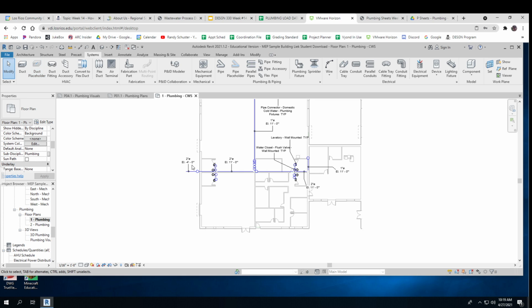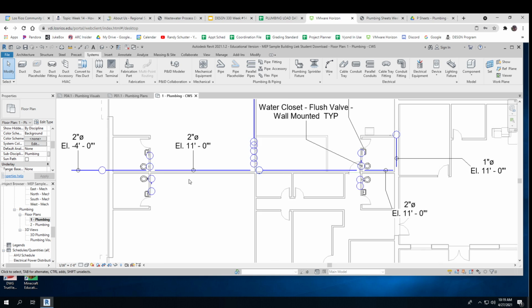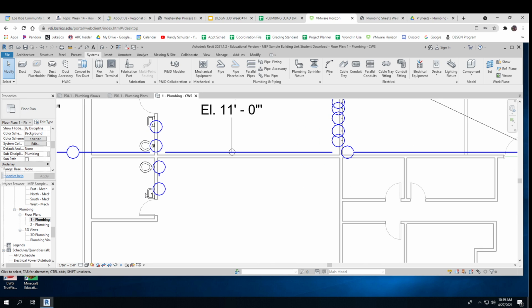Okay, so that's our next one, sanitary drain. And really, everything has a drain. You have to get rid of the water somehow. And they'll all go to the same place in this type of building. But sometimes water from a toilet is considered black water because it is contaminated.